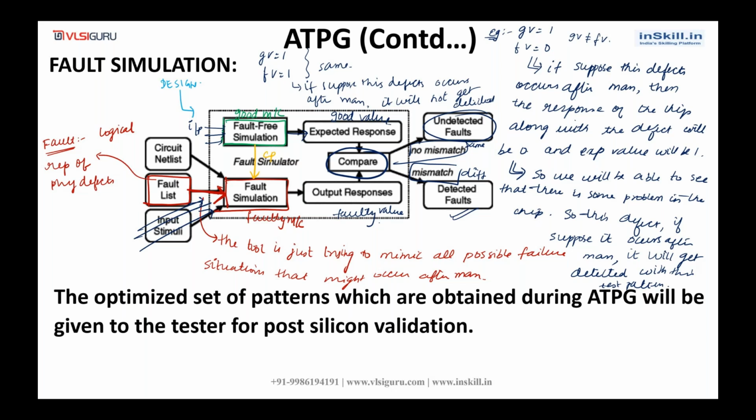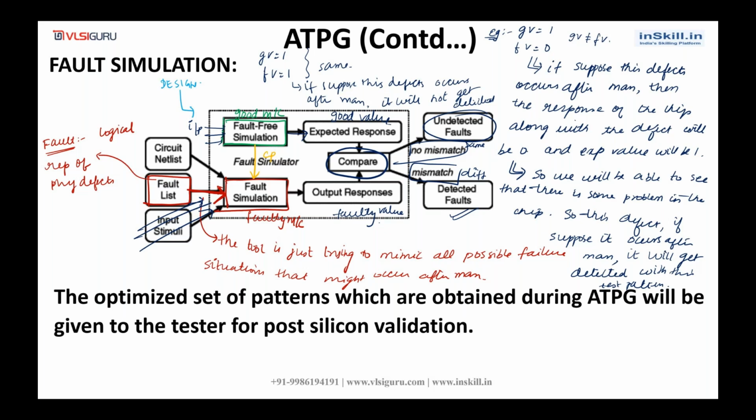So this is how the tool is able to generate test patterns which have the capability to detect most of the manufacturing defects. So how is the tool able to generate such a test pattern? The tool is able to do it because it is doing a process called fault simulation for generating the test pattern. In the time of fault simulation, what is the tool trying to do?